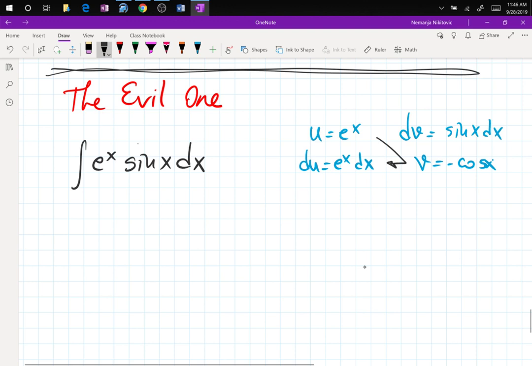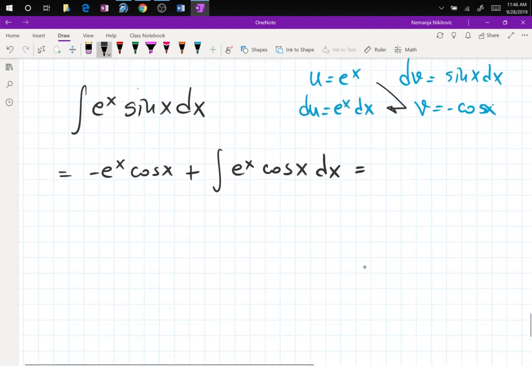So we can write this as negative e to the x cosine x, minus and minus will give us a plus, the integral of e to the x cosine x dx. And now the question is, what did we achieve? Next to nothing. We just swapped the sine with cosine, and we are technically in the same boat.